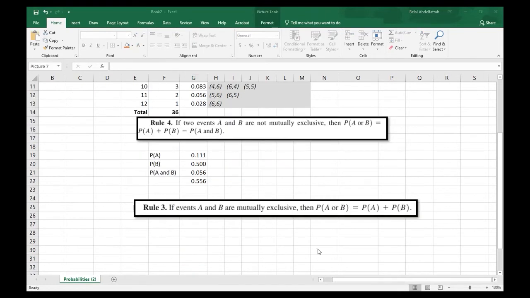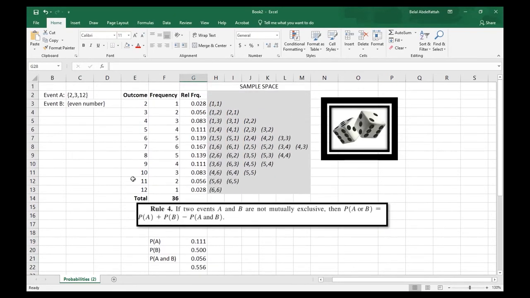So just a quick recap on rule number 3, where it says if events A and B are mutually exclusive, then P of A or B equals P of A plus P of B. We would have to change the example around and say something like, if event A is outcomes 2, 4.